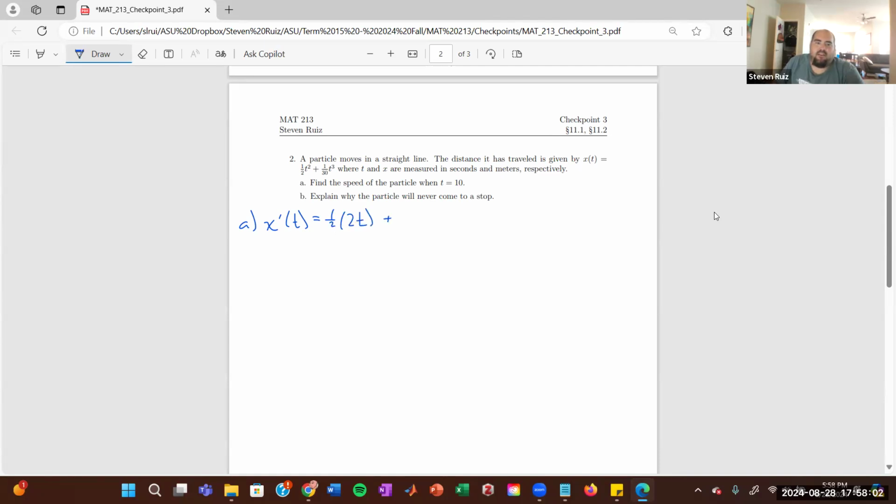And then the next term, this derivative will be equal to 1/30th times 3t squared. And if I clean this up, what do I get? I get t plus 1/10 t squared.